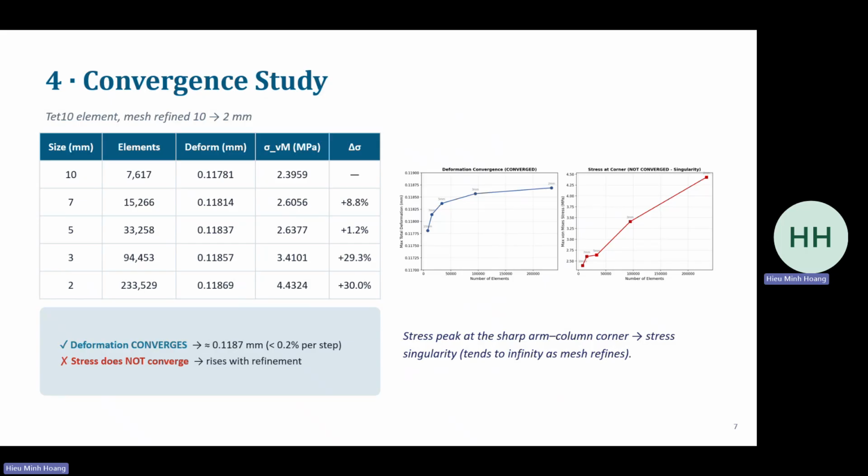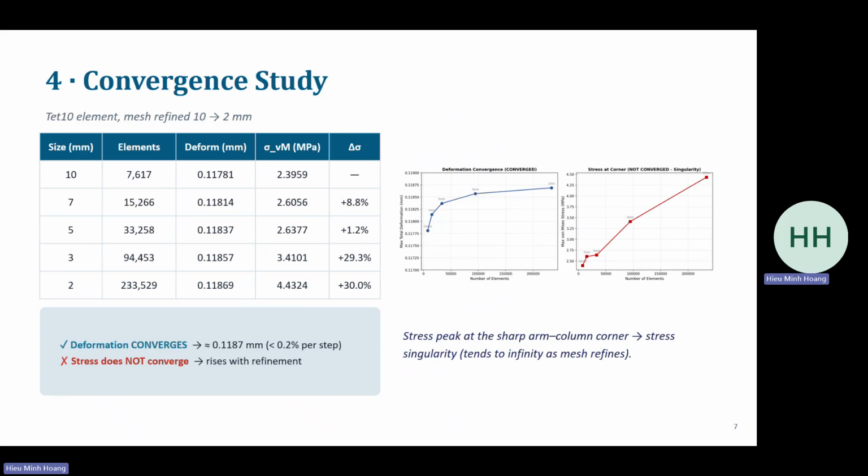So the next one is the convergence study. I use the TET10 element and refine the mesh from 10 down to 2 millimeter. The deformation stays almost the same, about 0.1187 millimeters. The change is less than 0.2% per step.